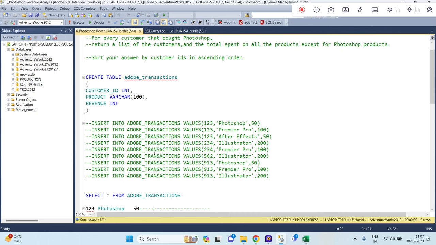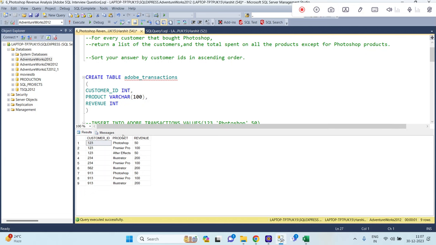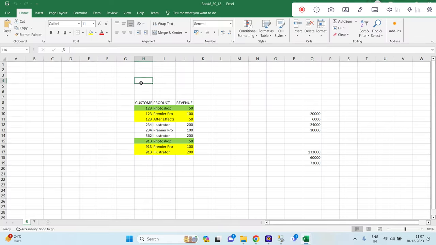Let me select the data from this table. I have already taken this data into an Excel file, so let me show you this in Excel.